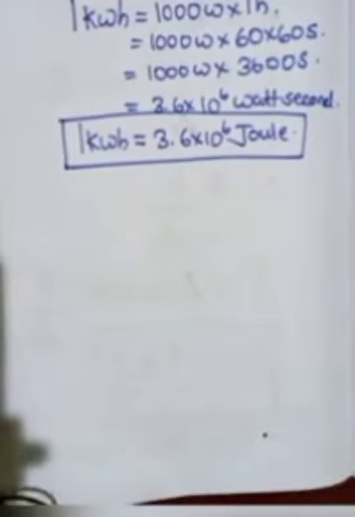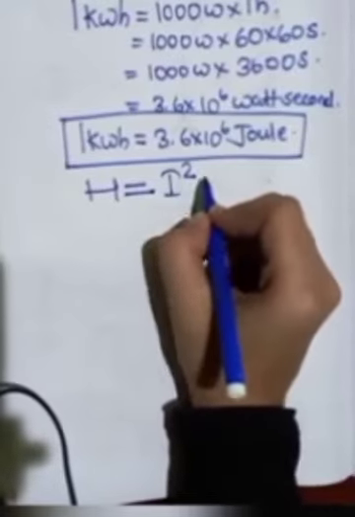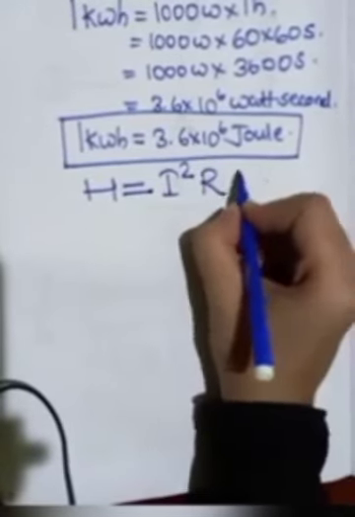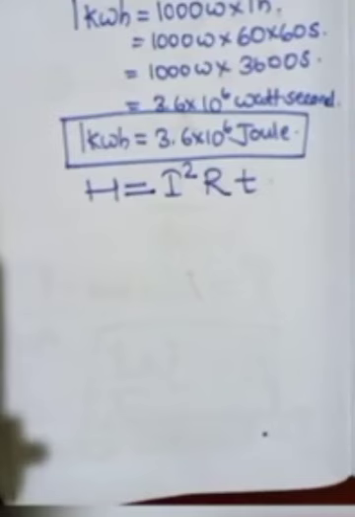In this class, we discussed the heating effect of electric current and electric power, and the equations of electric power: P is equal to I square into R, P is equal to I into V, and P is equal to V square by R. We also studied Joule's law of heating: the heat produced is directly proportional to the square of the current, the resistance of the resistor, and the time for which the current flows through it. We also studied conversions, kilowatt hour into watt hour and kilowatt hour into joule.